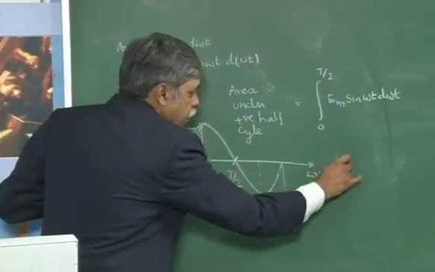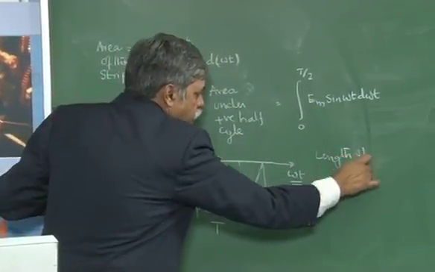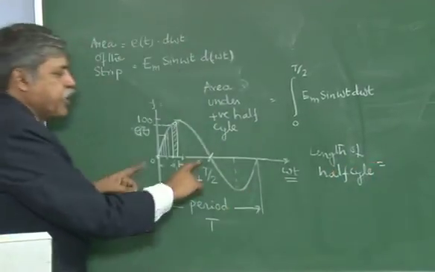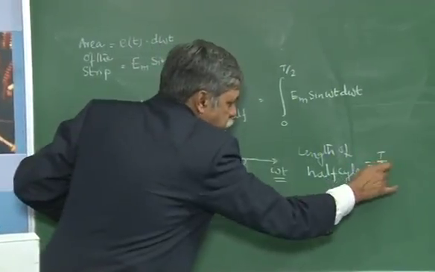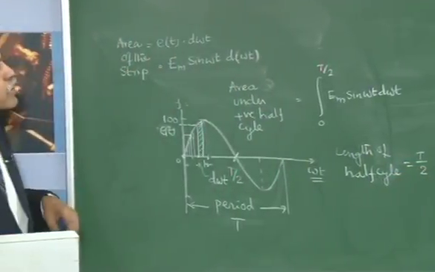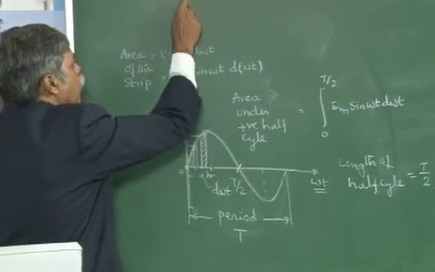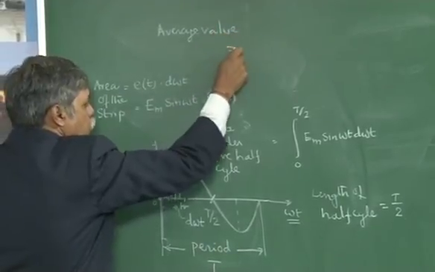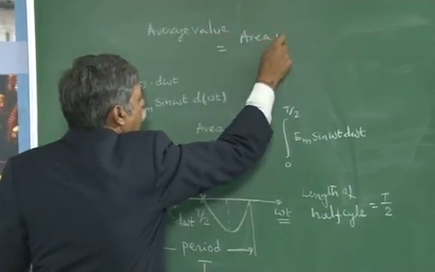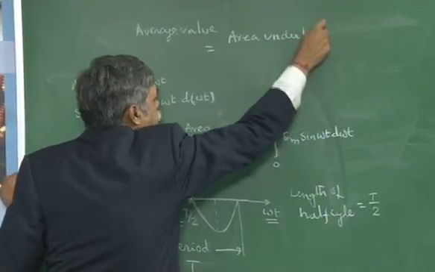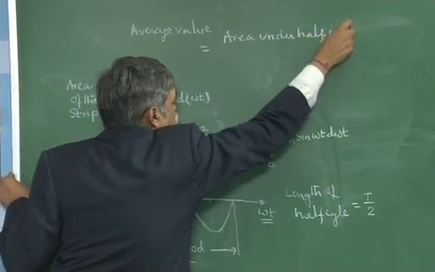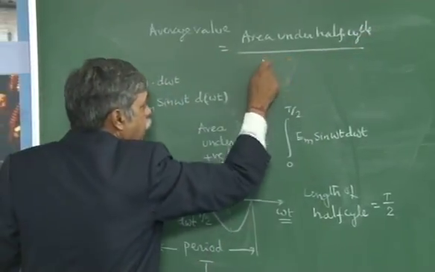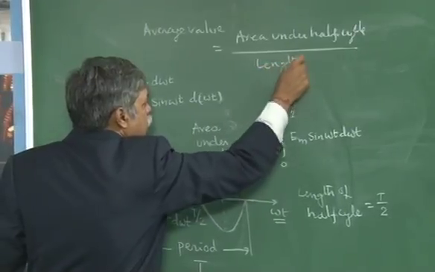The length of the half cycle is equal to half the time period, that is T/2. So, the average value is equal to the area under the half cycle, either the positive or the negative half cycle, whichever you want to take, divided by the length of the half cycle.